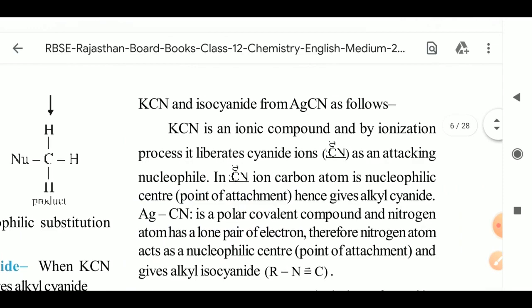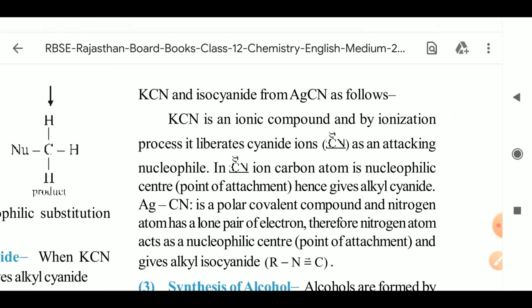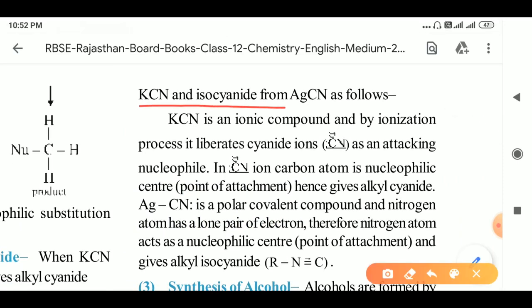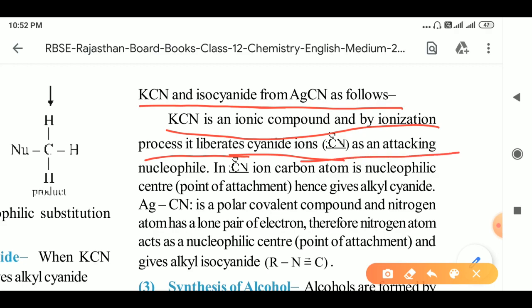Next reaction, KCN and AgCN: potassium cyanide and silver cyanide. KCN is an ionic compound. By ionization it liberates the cyanide ion, CN minus, which acts as an attacking nucleophile.